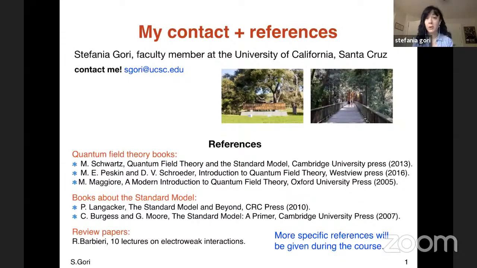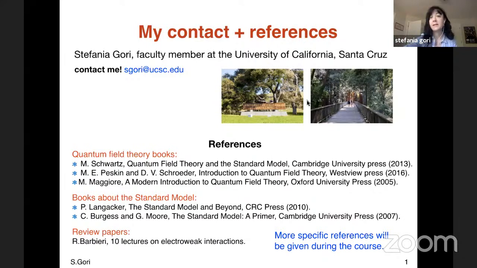Some books about the standard model, as you can see here, and also some review papers. These are general references, and throughout the course I will show you more specific references on specific topics. They are here for completeness, and I would invite you to take a look. Most of them are books, so they contain much more information than what we will discuss in this course.